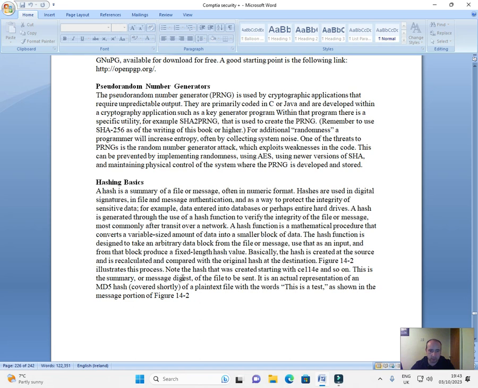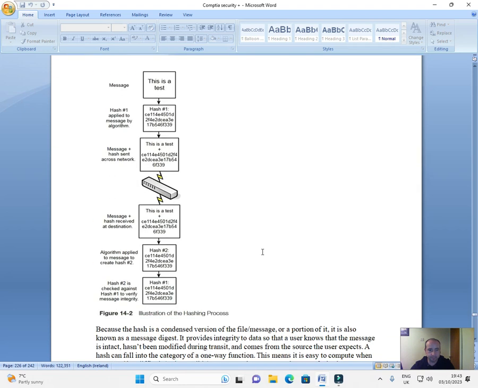Figure 4.2 illustrates this process. Note the hash that was created starting with CE114E and so on. This is the summary or message digest of the file to be sent. It is an actual representation of an MD5 hash, covered shortly, of a plain text file with the words "This is a test," as shown in the message portion of Figure 4.2.